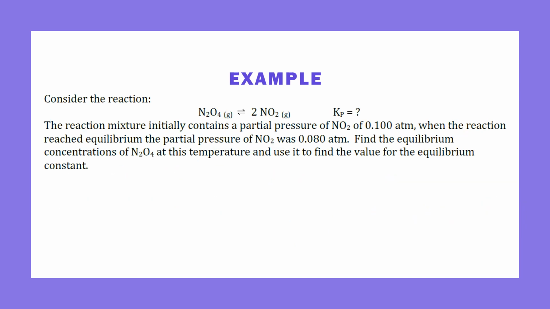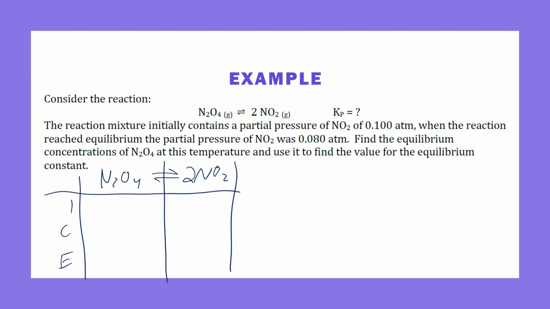Okay, in our last example, we have N2O4 gas going into 2NO2, and we don't know the Kp value, but we're writing our ICE chart here. And it says the reaction mixture initially contains a partial pressure of NO2 of 0.1 atm.